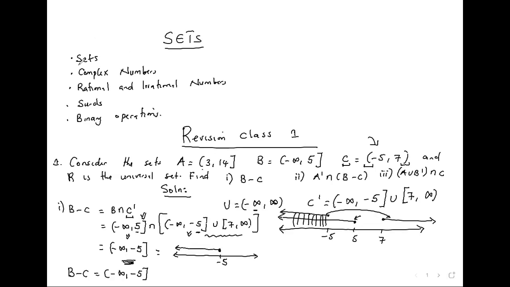A is running from 3 to 14. This is A, and we're talking of A complement intersection B minus C. So we need to know A complement.